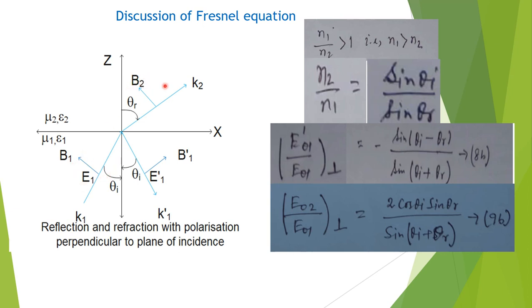Next we consider when n1 is greater than n2, that means this medium is denser and the other is rarer.